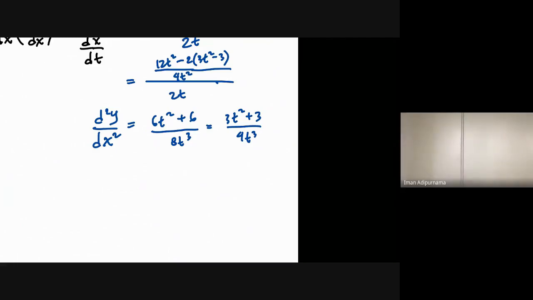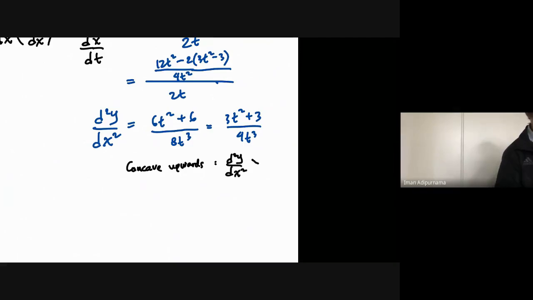So what does concavity tell us? Do you still remember what concave upwards and downwards mean? Yeah, you need to decide. So concavity: concave upwards if the second derivative is positive, right?